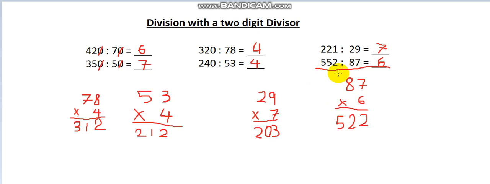So instead of that, I try to use this method to guess how many 87s I can fit into 552. I test it out, of course, with this multiplication, but it is a very useful tool that will save me a lot of time.